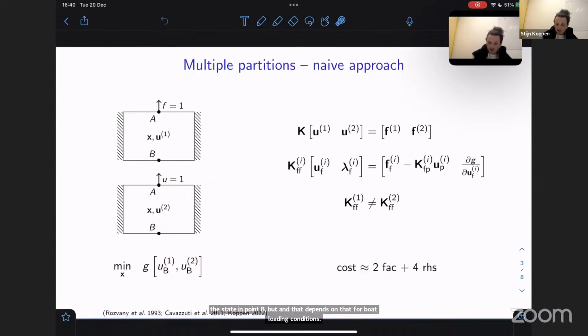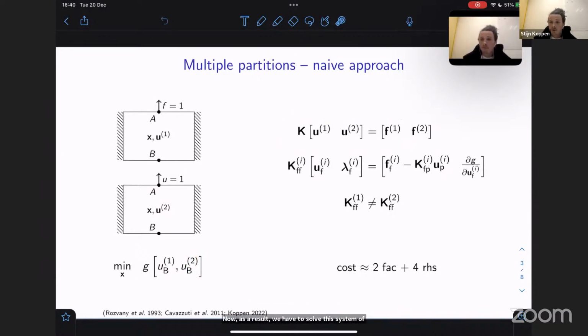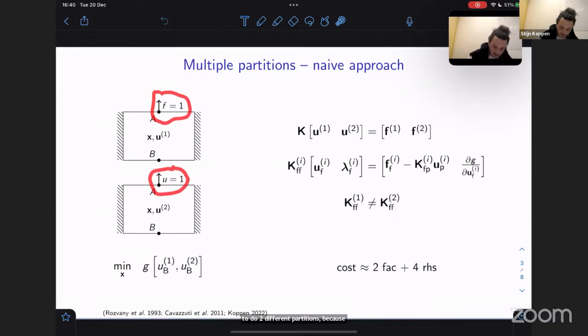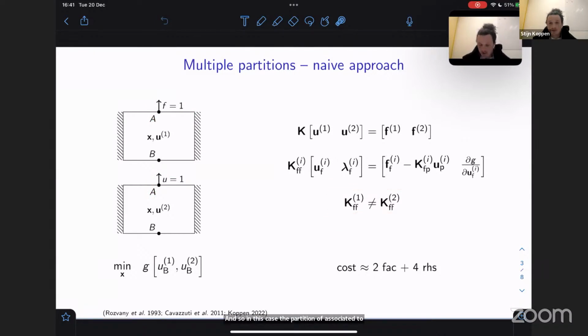Now, as a result, we have to solve this system of equations. And in order to obtain this result, we have to do 2 different partitions because the boundary conditions are changed. So in this case, the partition associated to load case 1 and the partition associated to load case 2 are not similar.